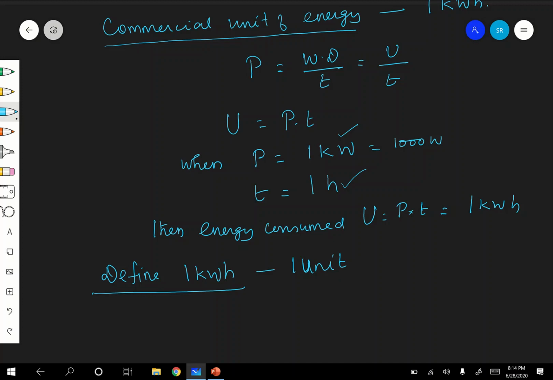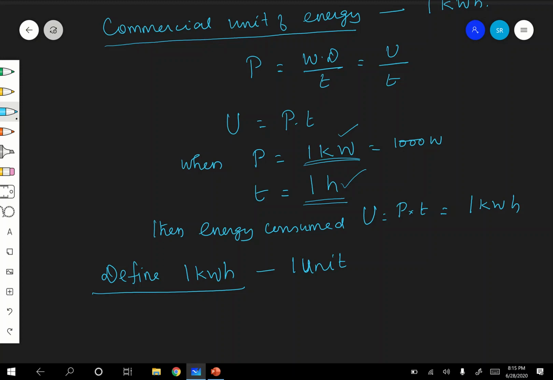Once again, 1 kilowatt hour is the total energy consumed when an electric appliance of power 1 kilowatt is used for 1 hour, or it works for 1 hour. Are you following?